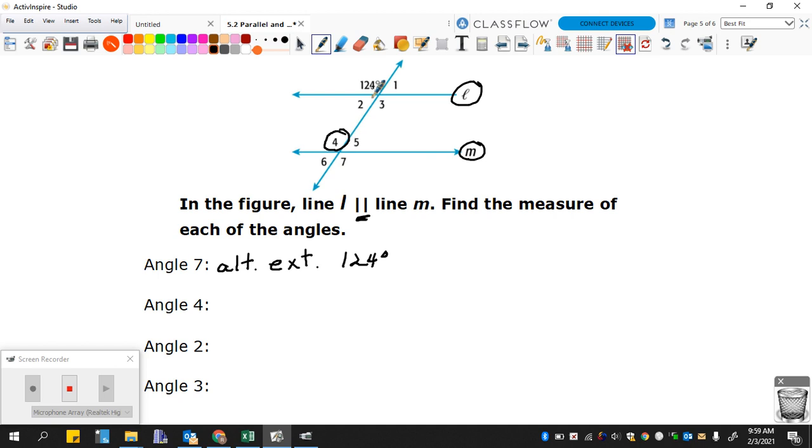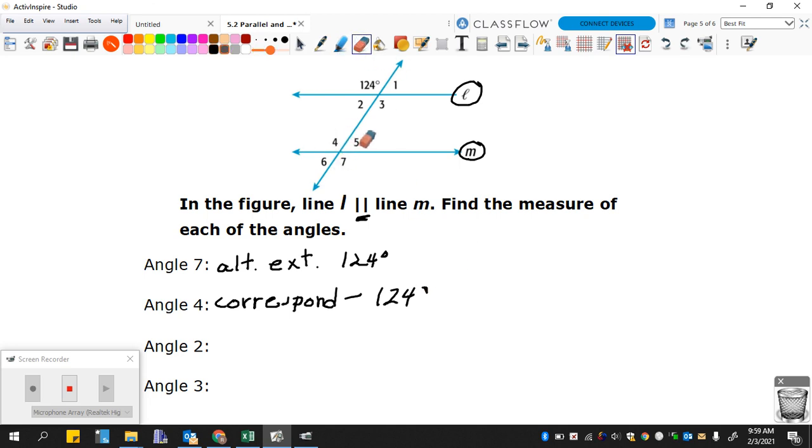They're both on the same side of the line. 124 is top left. 4 is top left. So that means they are corresponding angles. Okay. And corresponding angles are congruent. So that's 124 degrees.